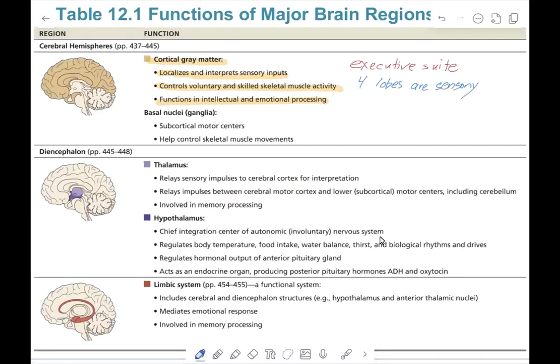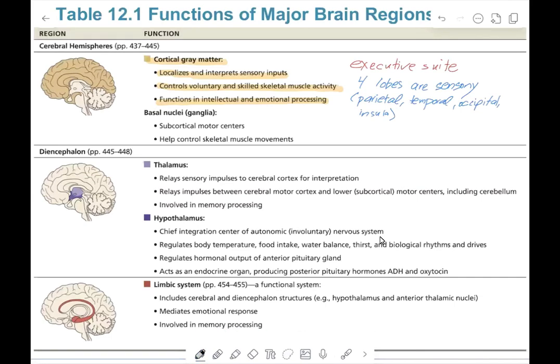So the four that are sensory are, of course, the parietal, the temporal, the occipital, and then also the insula. The frontal is what is going to be voluntary, which is anterior to the central sulcus.